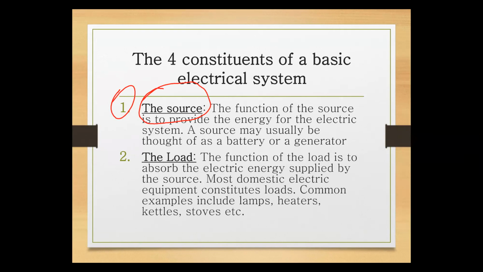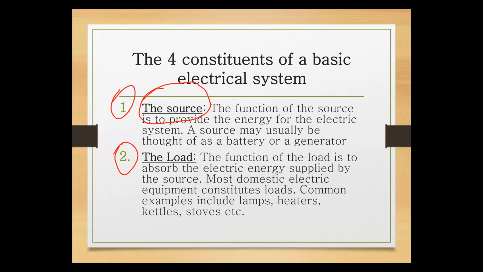Then there must be a load. What is it that you're trying to turn on or to use or to function? An electric kettle, a stove, a light bulb, a car, whatsoever. The function of the load is to absorb the electrical energy supplied by the source. So for a human being, the source is food and the load is you. You chow that food so that you can do other things, exactly like an electrical system.